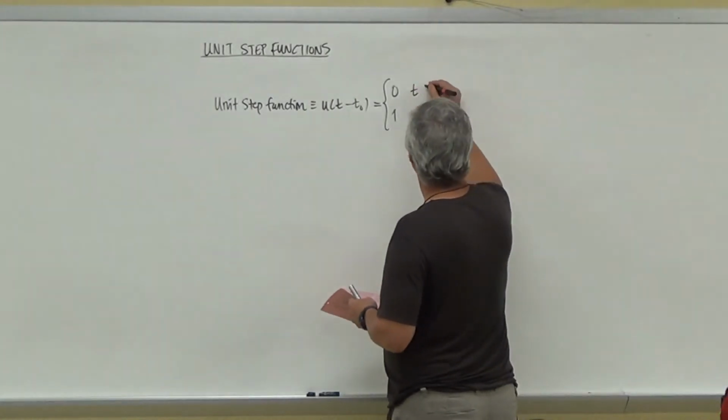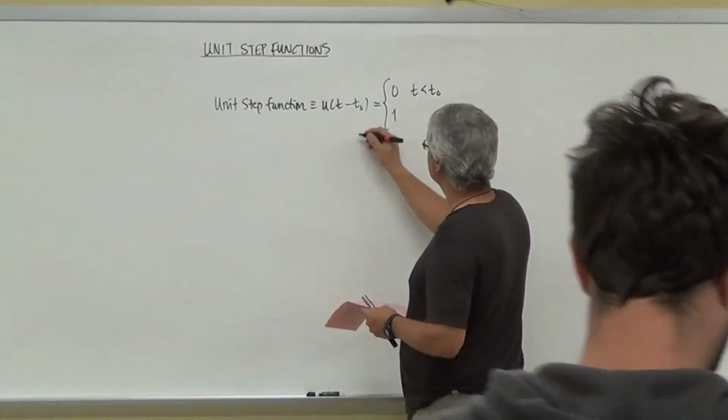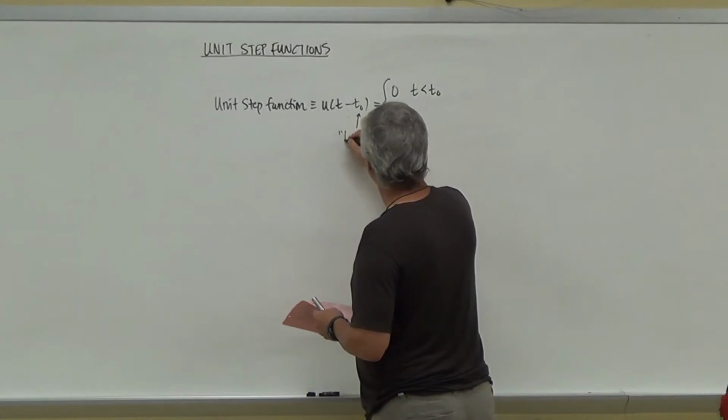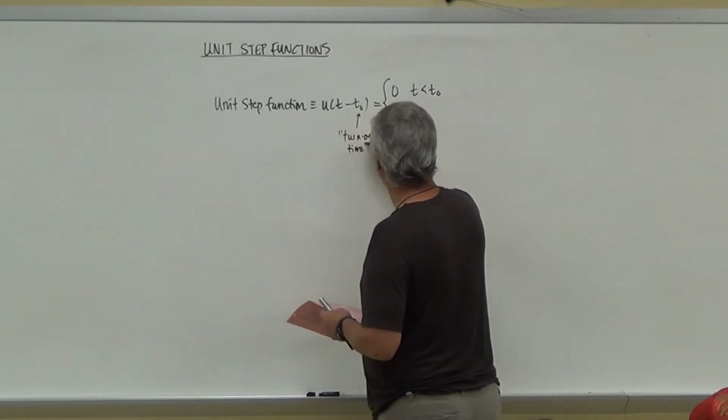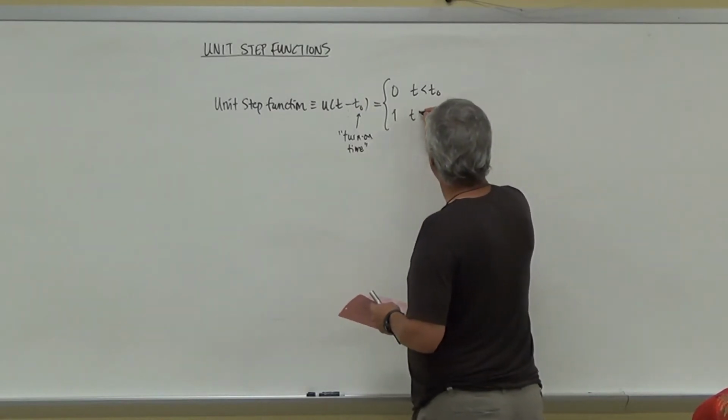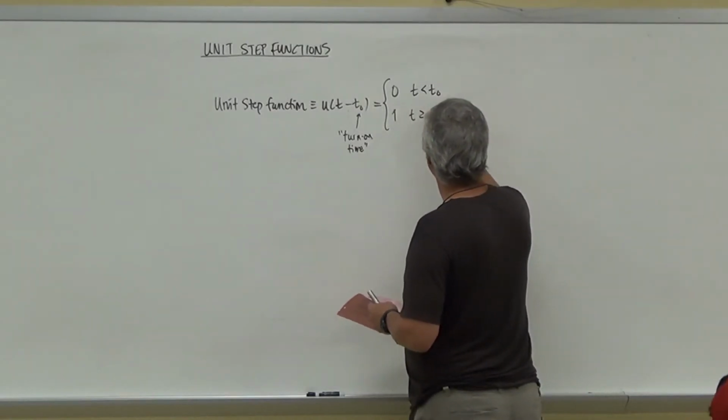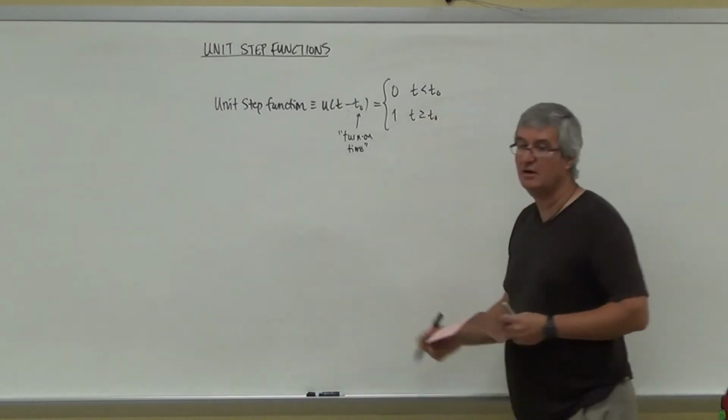So if t is less than t naught, this is telling me the turn on time. Then if I'm at t greater than or equal to t naught, it's on.